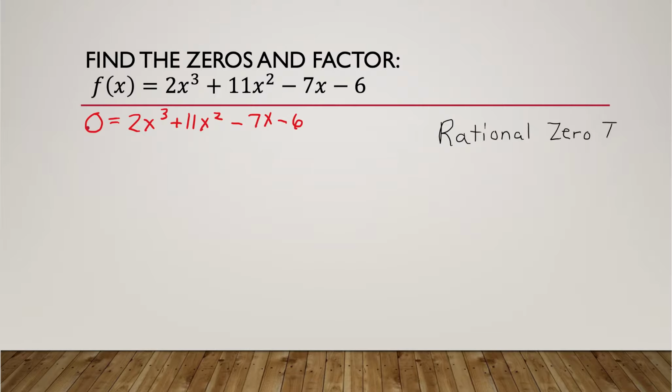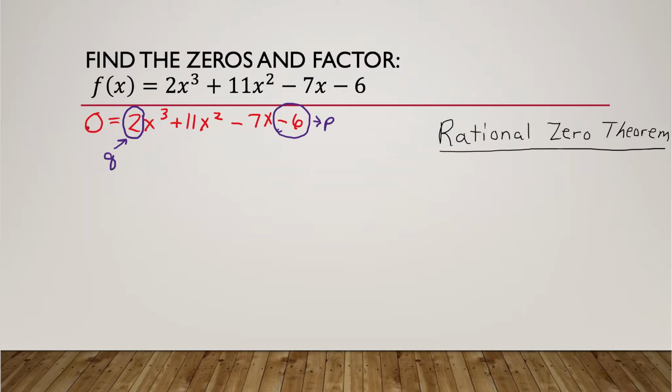All right, so what the rational zero theorem says for you to do is you're going to take your polynomial function and you are going to label the very last term, the term that doesn't have an x at all, you're going to label that the p. And then you're going to take the coefficient of the first term, the highest power of x, and you're going to label this the q.